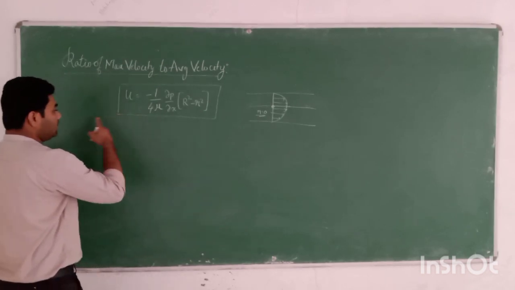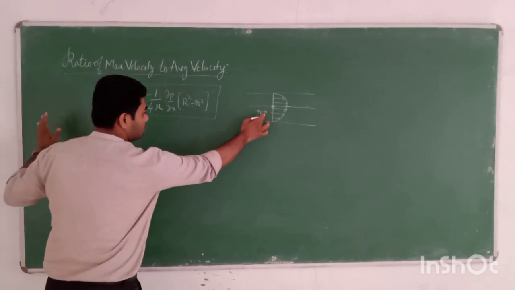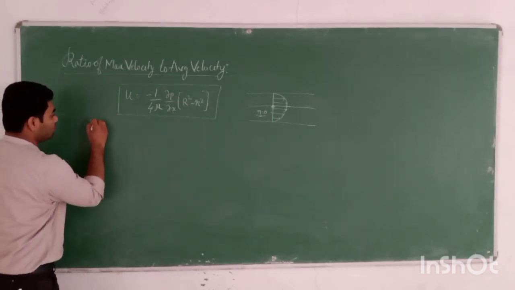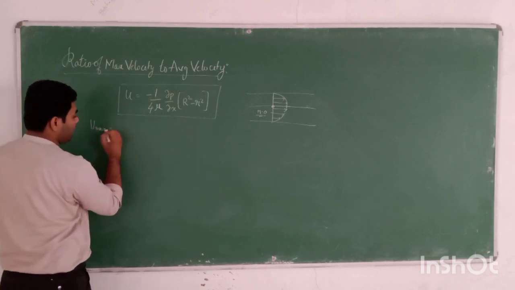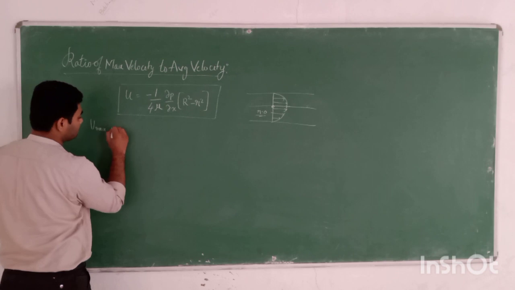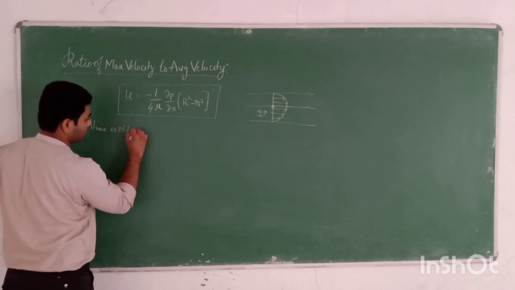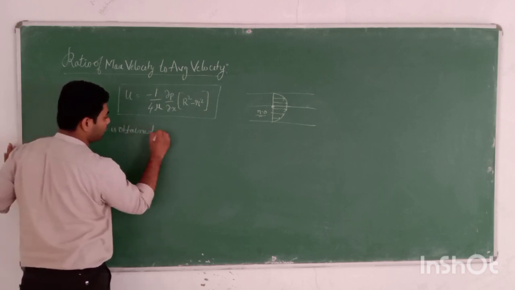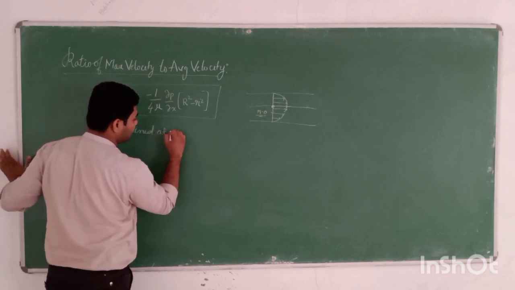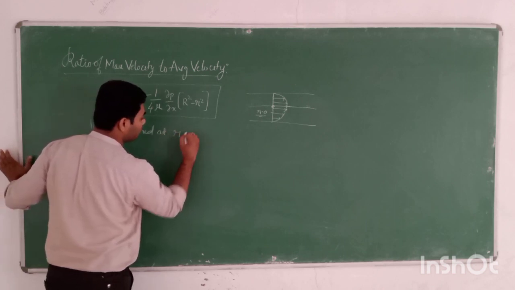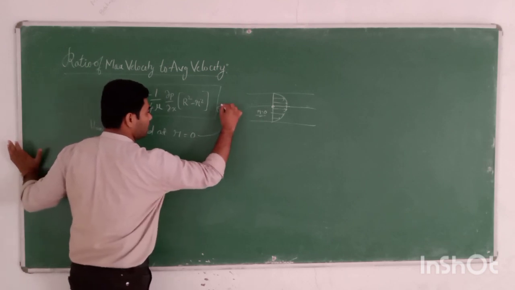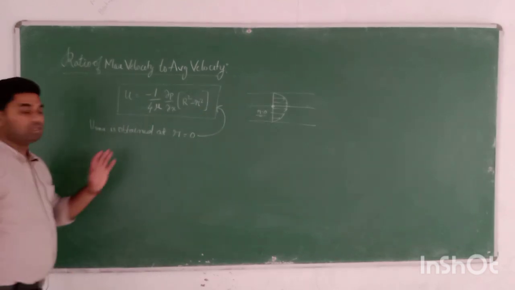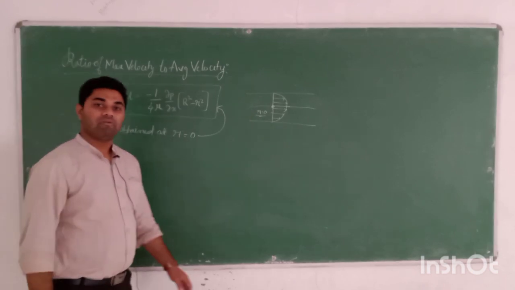So the maximum velocity U max is obtained at r equal to 0. Substitute r equal to 0 in this velocity equation, and you will get the maximum velocity.